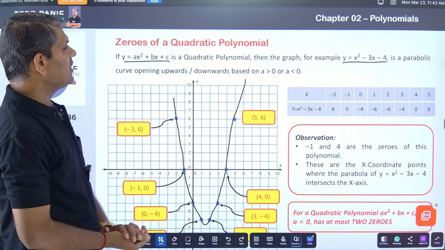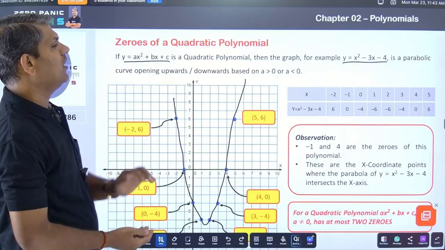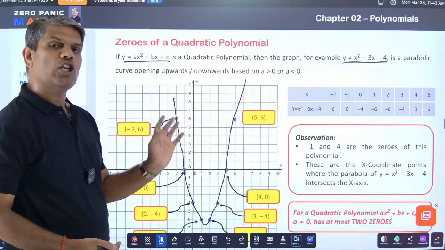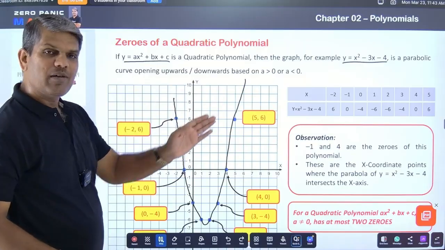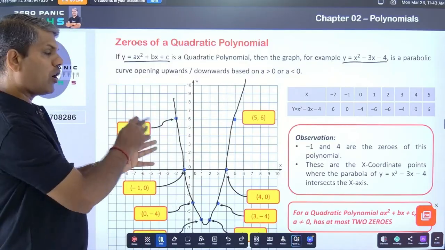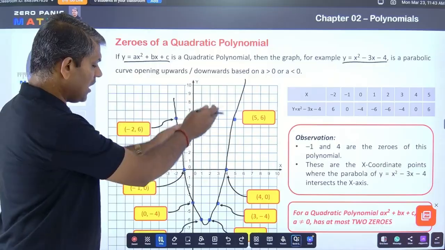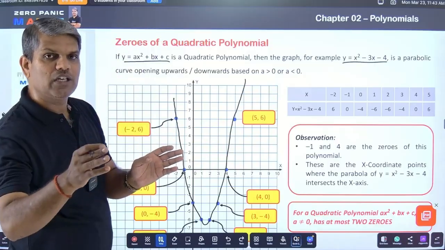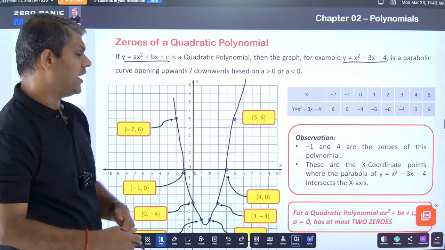So that is the reason we say that any quadratic polynomial, when drawn on the graph for some points, is going to give us a parabolic curve. This parabolic curve is in the upward direction, but for some values you can have the parabolic curve facing the downward direction as well.